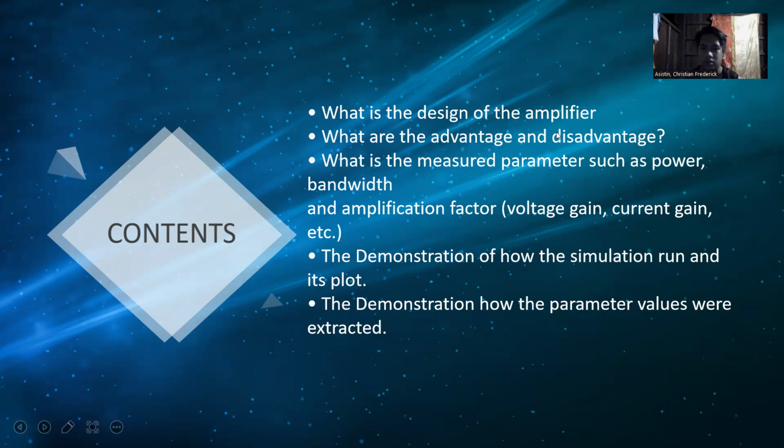Fourth is the demonstration of how the simulation runs and its plot. And lastly, I will demonstrate how the parameter values were extracted.